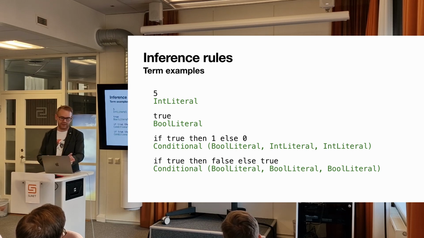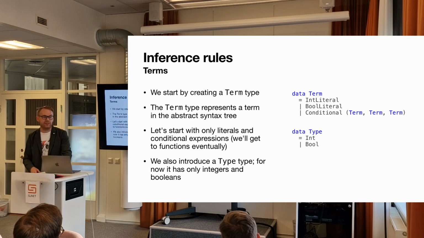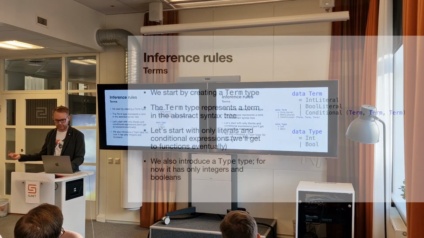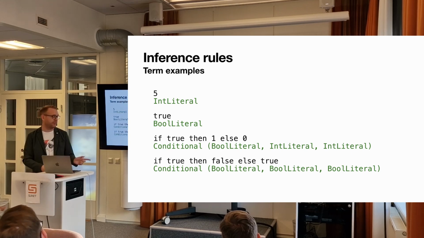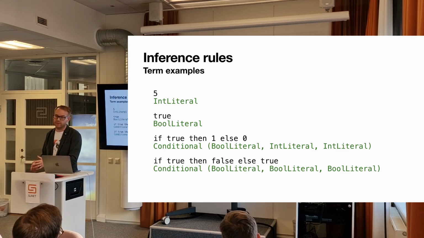I can step back. You can see here in the type definition that a conditional consists of three terms. The three terms are the initial condition, which in this example is the Boolean literal true, and then two separate body terms.